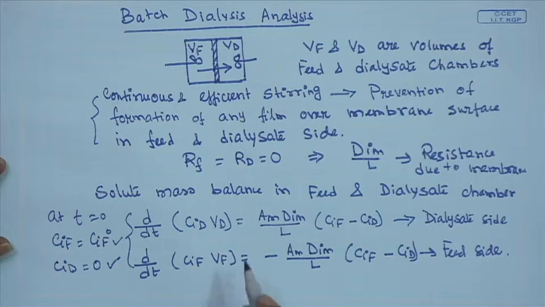Now, these two ordinary differential equations have to be solved simultaneously. Since their initial conditions are specified, these are basically initial value problems. They have to be solved simultaneously in order to get the concentration profile on the dialysate side.